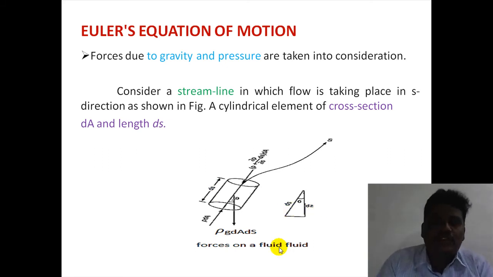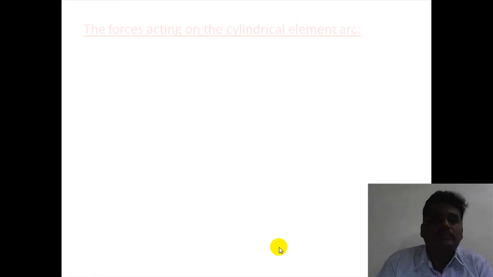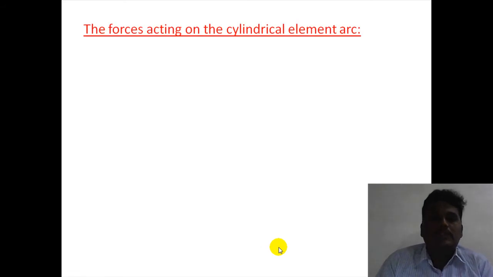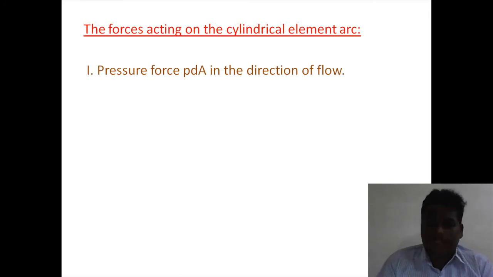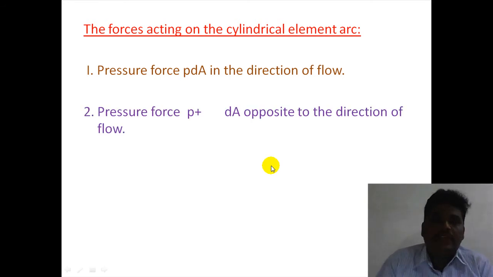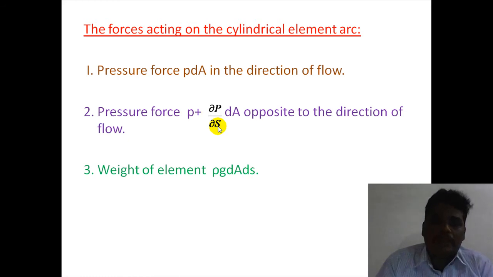Pressure force and gradient. Consider the elemental area. Two forces are generally acting: the pressure force P into dA in the direction of flow, and P plus dou P by dou s into ds times dA opposite to the direction of flow, as well as the weight of the element.